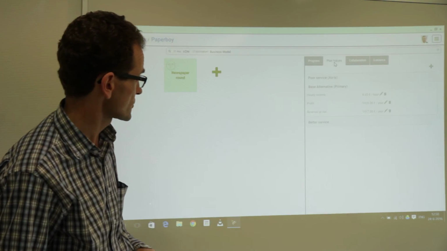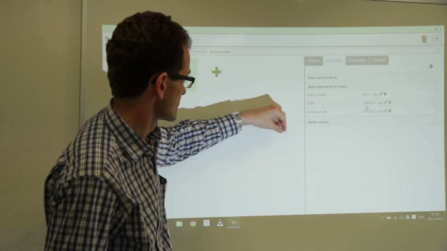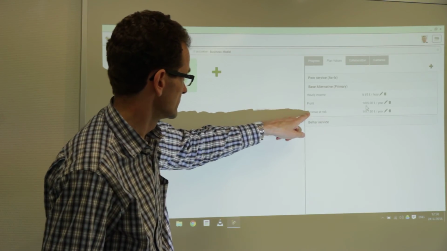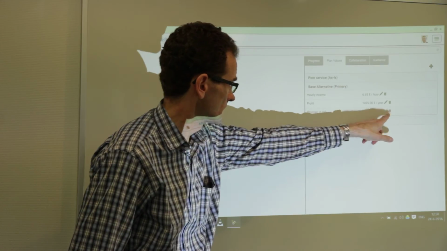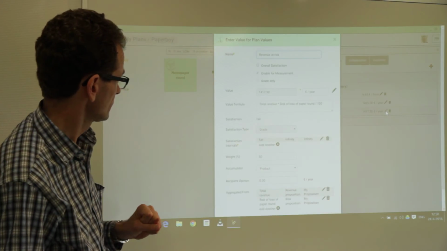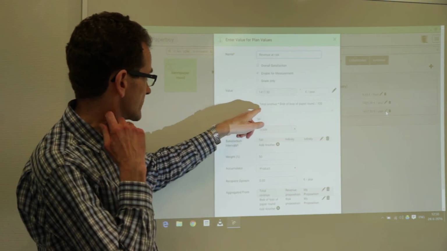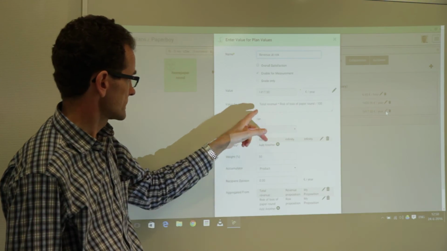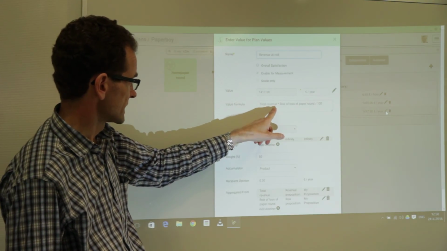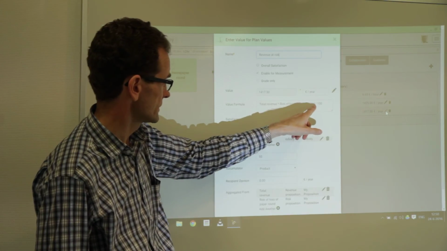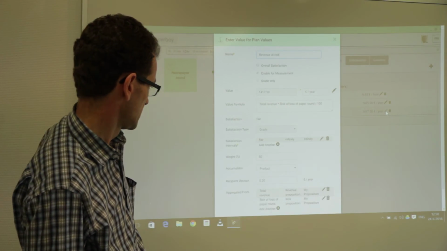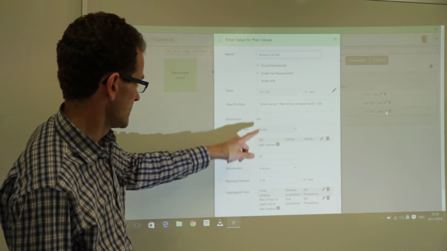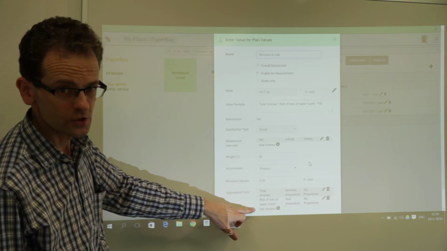We go to plan values, and for instance, look at the plan value revenue at risk. Click this pencil. So here you see how revenue at risk is defined and measured. It is calculated as a total revenue times the risk of the loss of the paper round. Right? And here you can see where it comes from, aggregated from which other values.